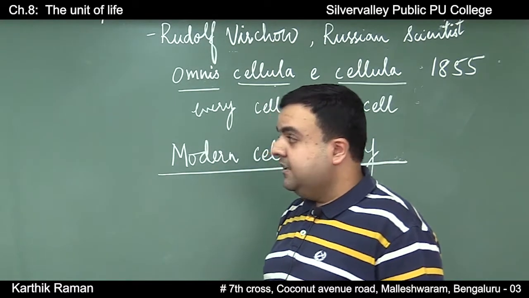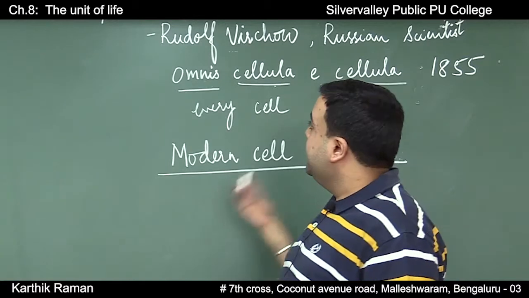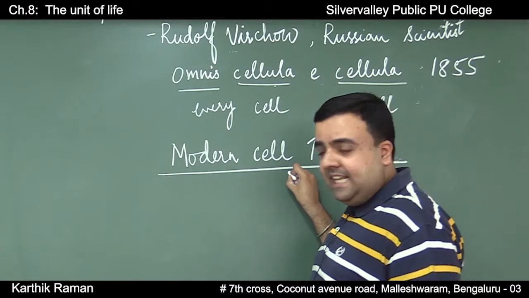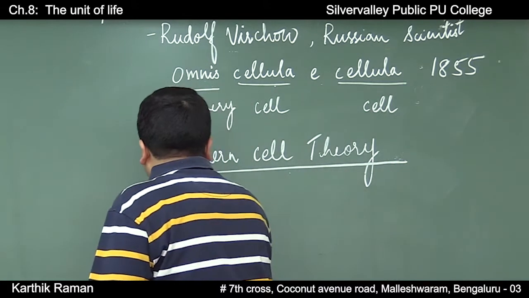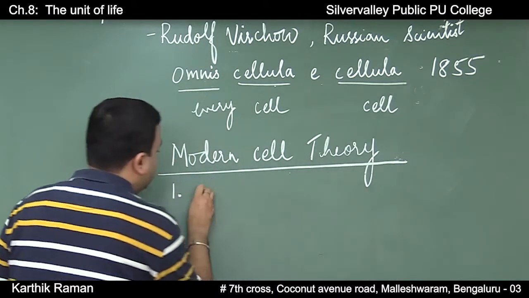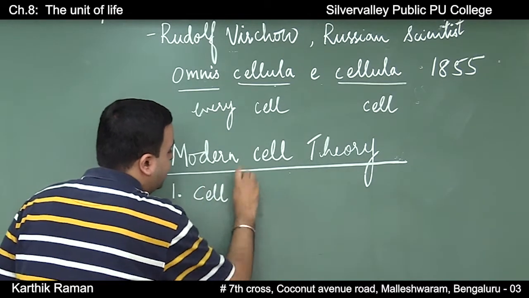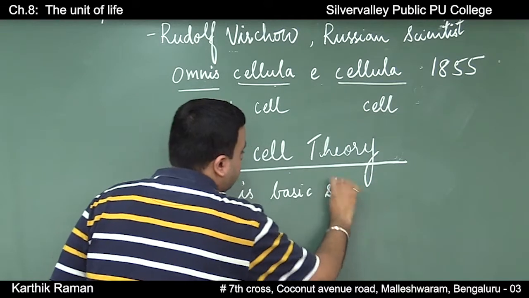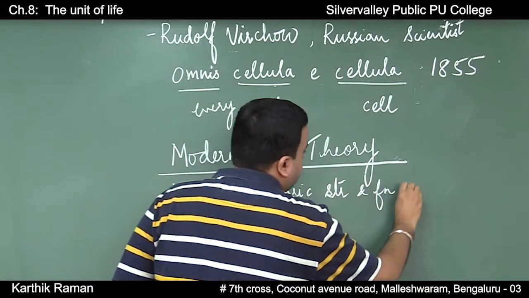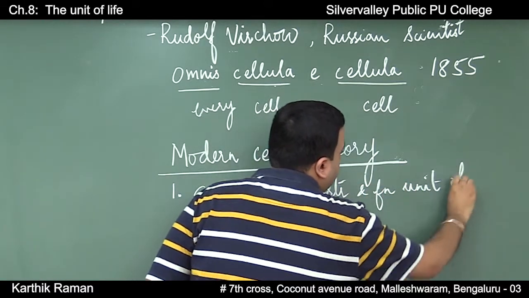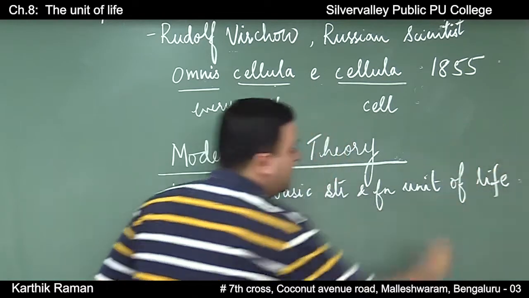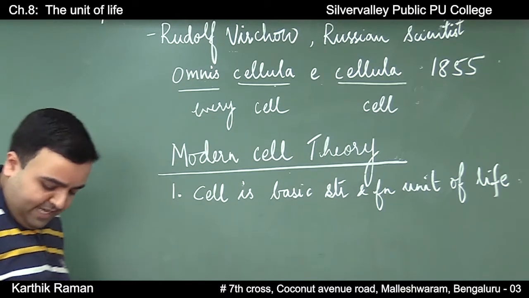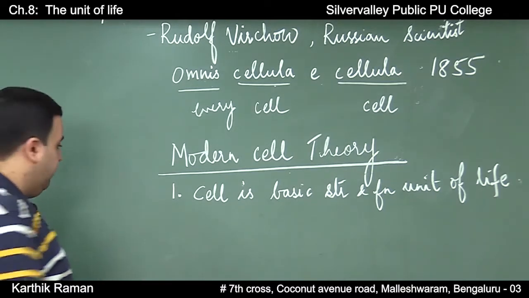Matthias Schleiden, Theodore Schwann and Rudolf Virchow put forth what is known as the modern cell theory, and it has four postulates. It says that the cell is the basic structural and functional unit of life.